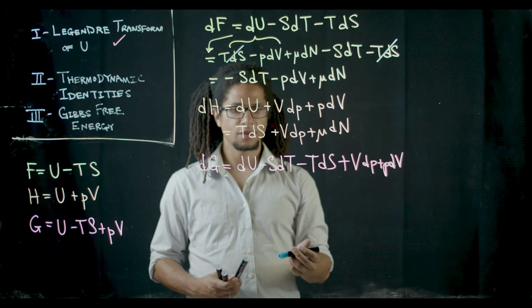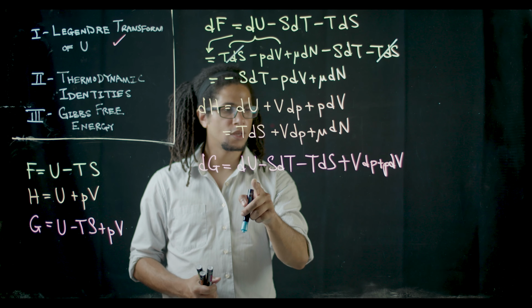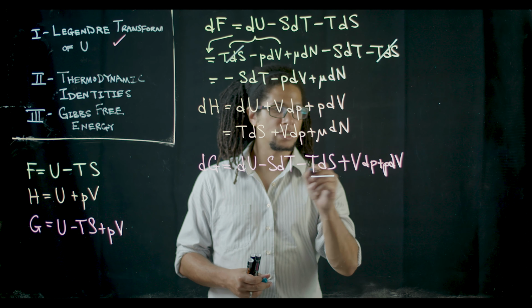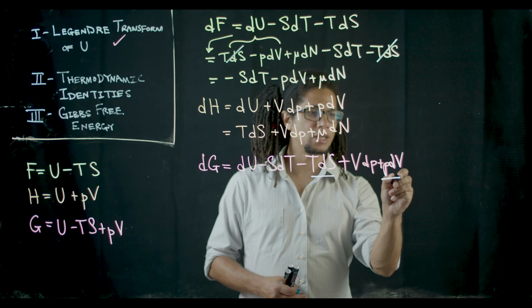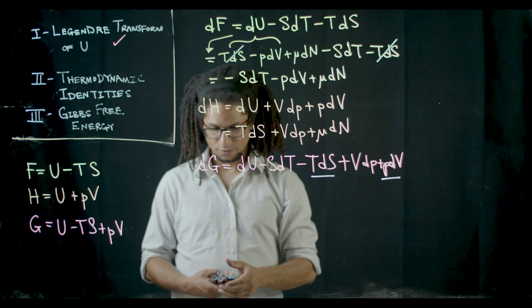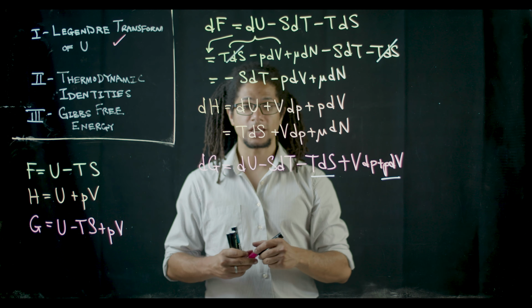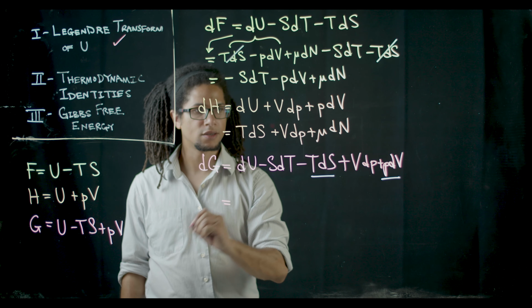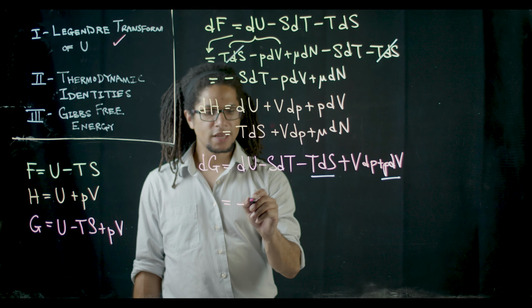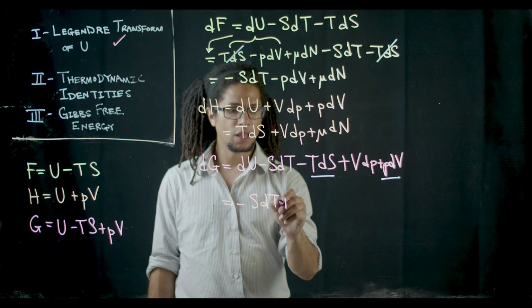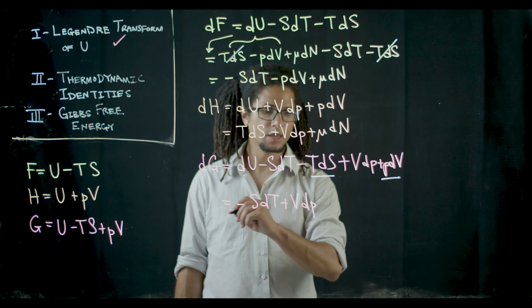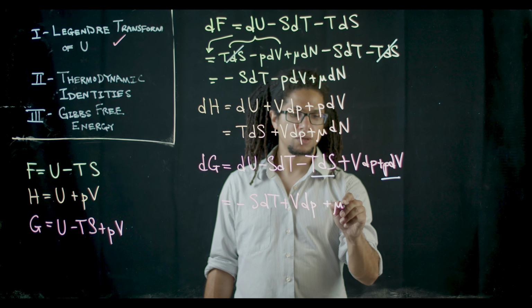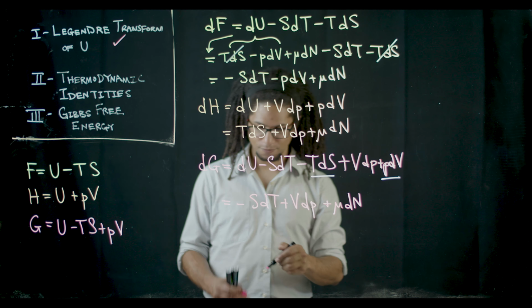And we'll find that parts of dU cancel with both our T dS and our P dV. So that when the dust settles in this case, we get minus S dT plus V dP plus mu dN.